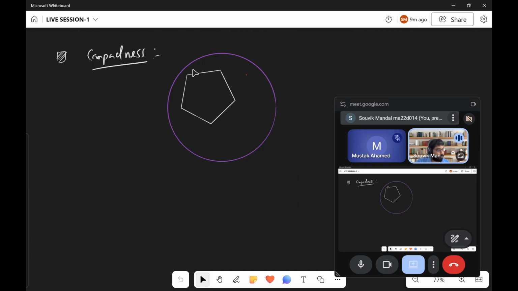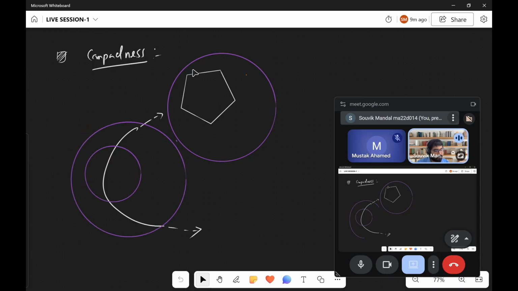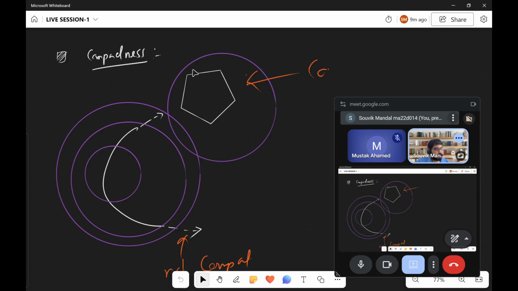However, suppose we have some line like this, and it goes to infinity. It doesn't matter how big a ball we consider, we cannot put this line inside the ball, correct? So that's why the second example, this line, is not compact, but this star is of course compact, correct? All right, so this is the thing.